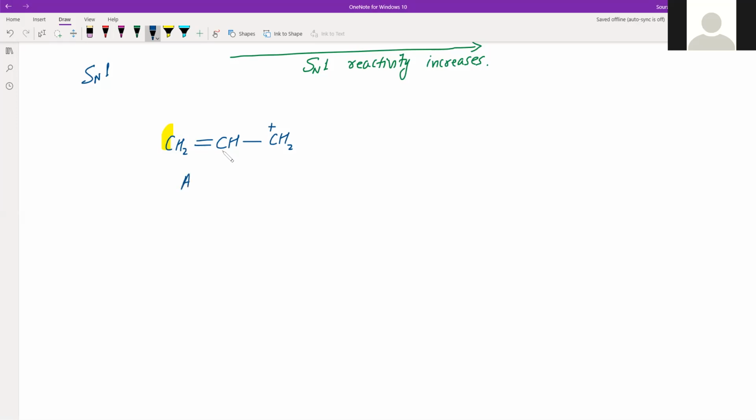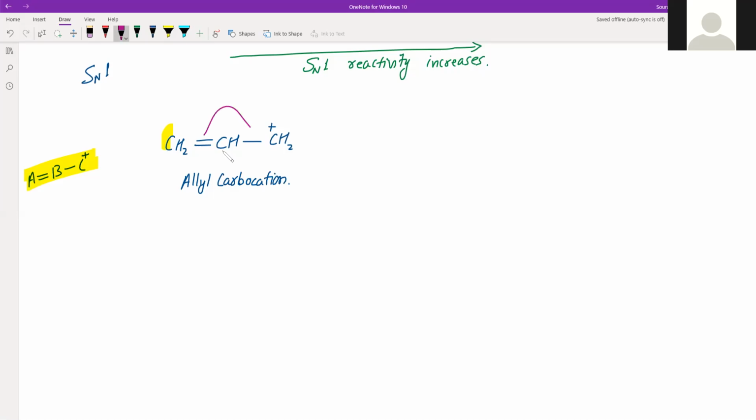This is called allyl carbocation. And we know the concept, which you must have seen: A double bond B single bond C, and on C there is a positive charge. That means there will be resonance involved here. Resonance involved here means what?